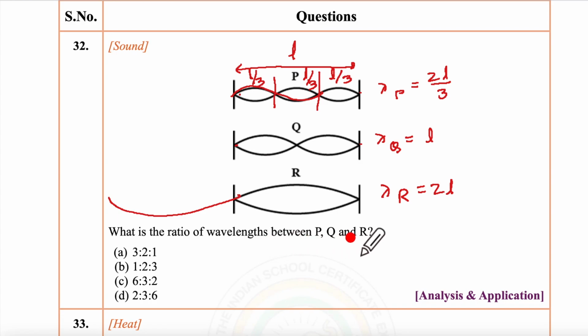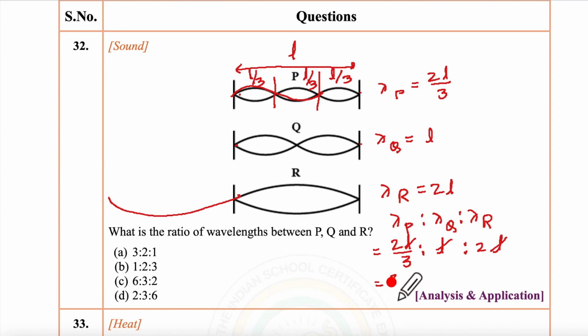Now they're saying ratio of the wavelengths of P, Q and R, that is lambda P is to lambda Q is to lambda R, will be equal to 2L upon 3 is to L is to 2L. L and L get cancelled and 2 upon 3 is to 1 is to 2.